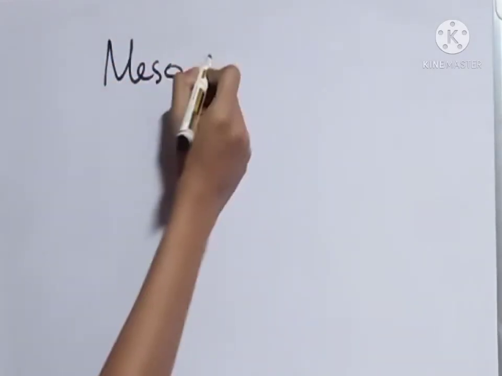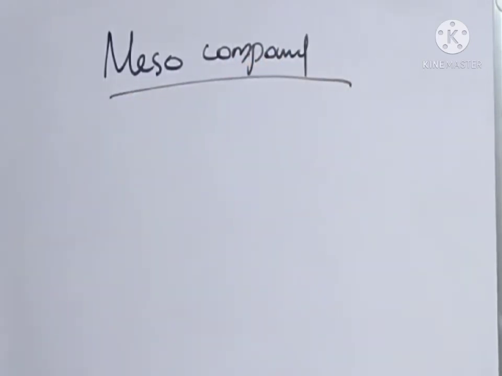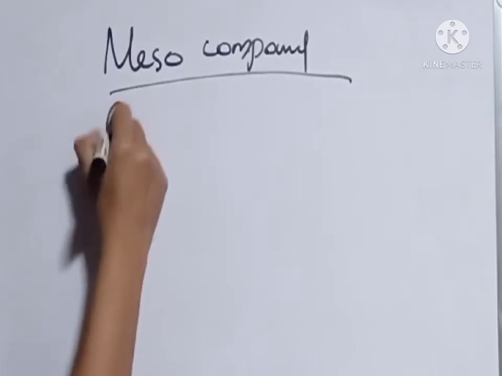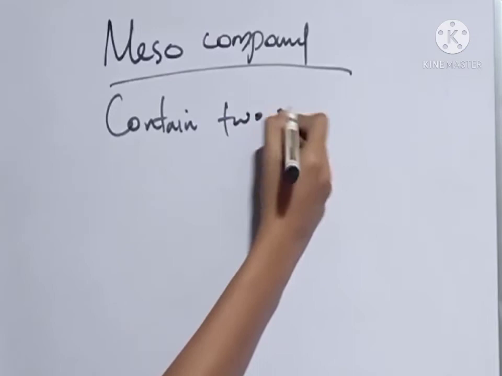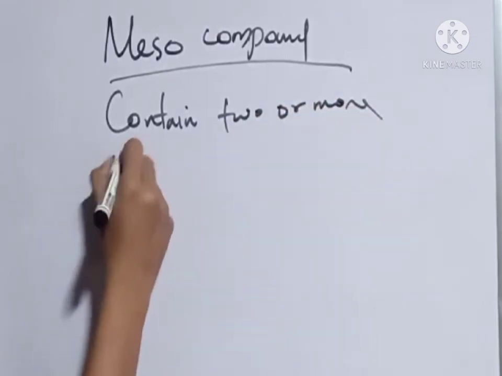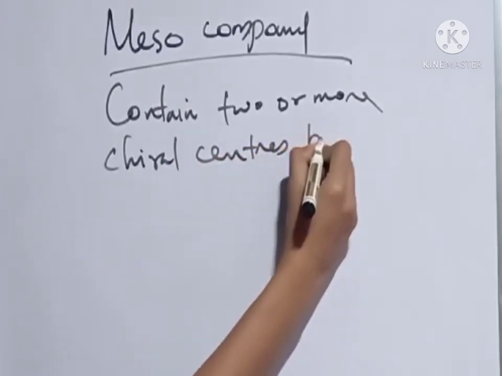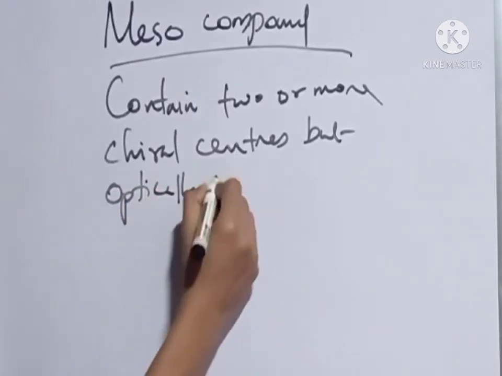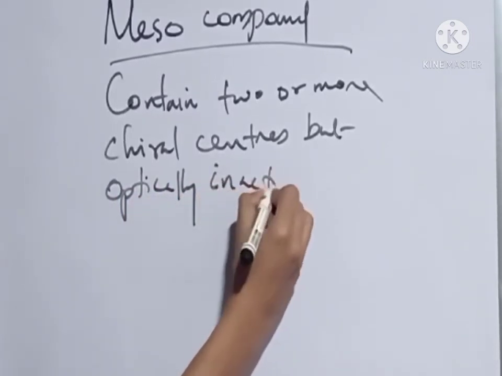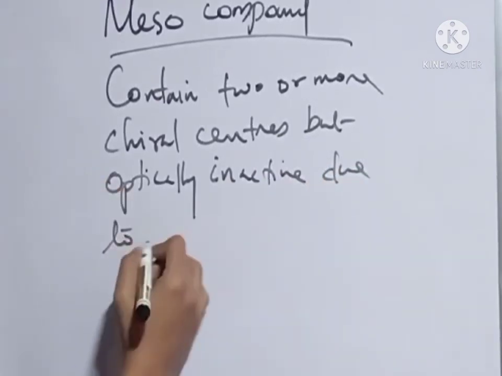Here we learn a new word, that is meso compound. Meso compound means a compound which contains 2 or more chiral centers but is optically inactive due to the presence of a plane of symmetry.